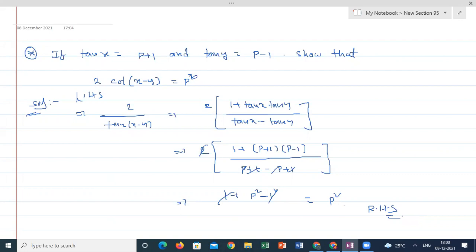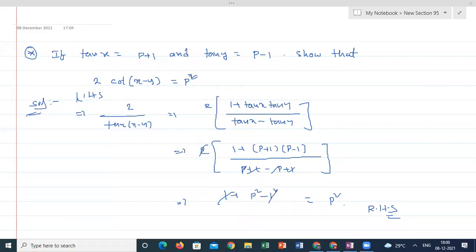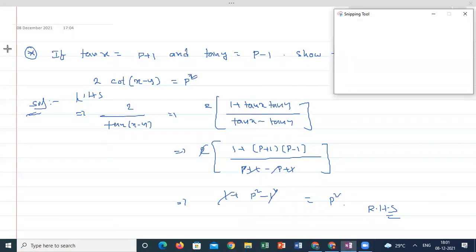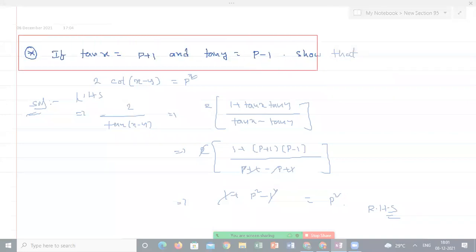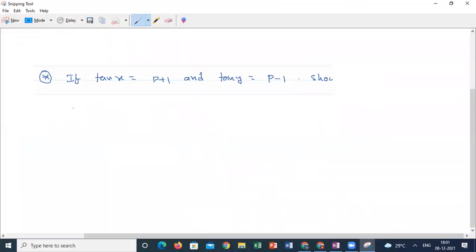Sir, shall I say one method, but then I don't know how to proceed. Please. Sir, if we multiply tan x into tan y, we'll get p square minus 1. Correct. One second, I will copy the question in the next page. Yeah.